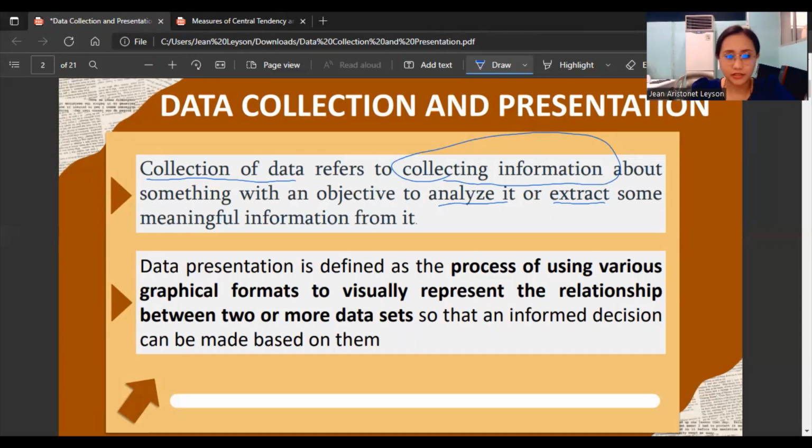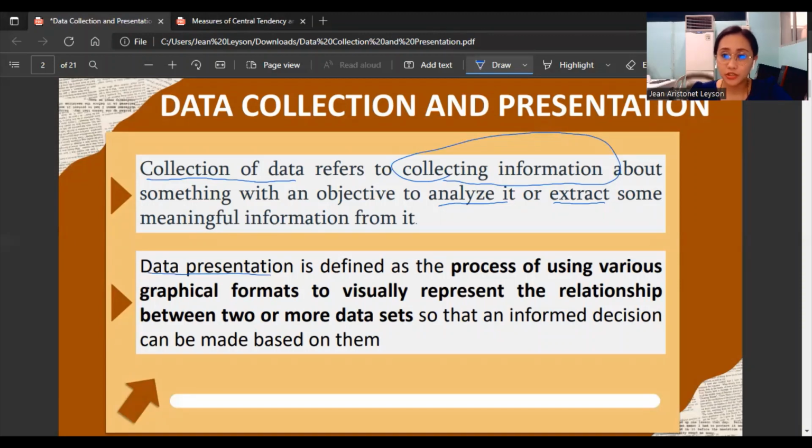Now, on the other hand, data presentation is defined as the process of using various graphical formats to visually represent the relationship between two or more data sets so that an informed decision can be made based on them. So after collecting the data, data presentation will follow.